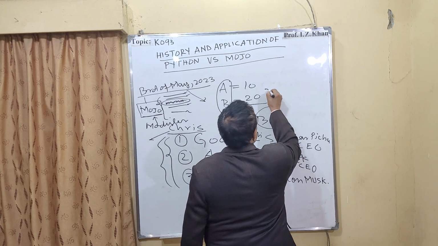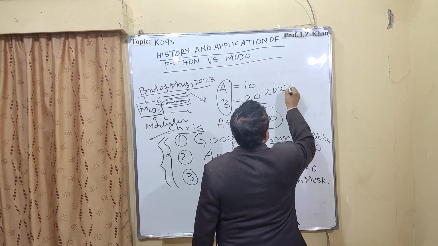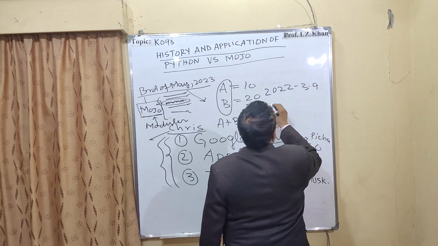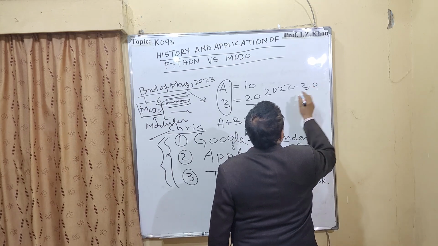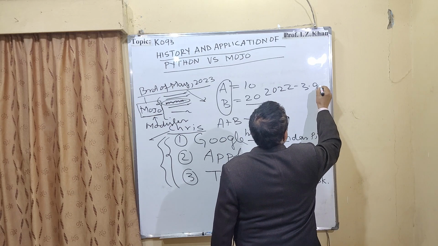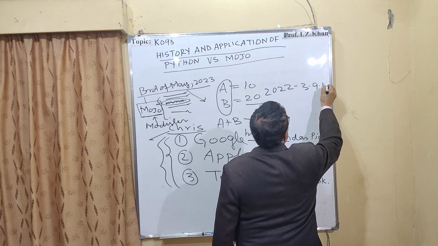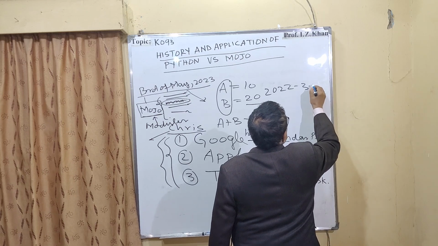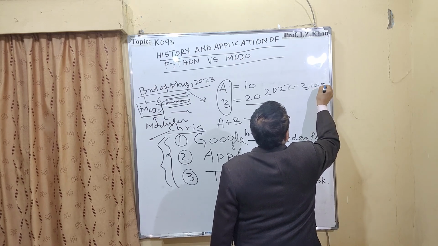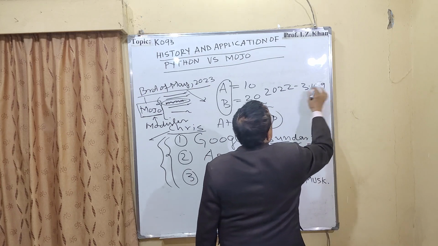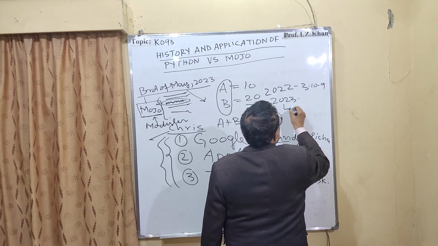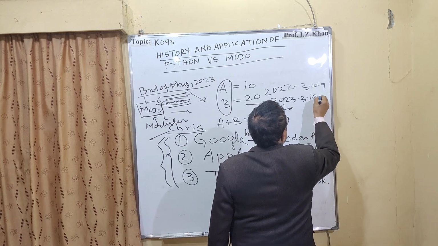Last year's was 3.9, 3.910, and then in 2023 it is now 3.10.